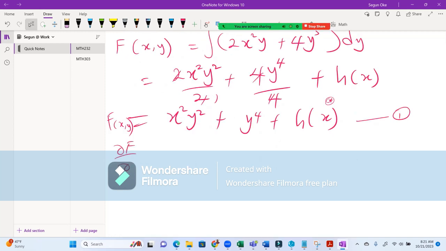The F sub x will now be what? 2xy squared. Now, this is y to the power 4, which will be what? 0, because it's a constant in this case. Then I cannot differentiate my variable that contains x, so it will now be plus h prime of x.